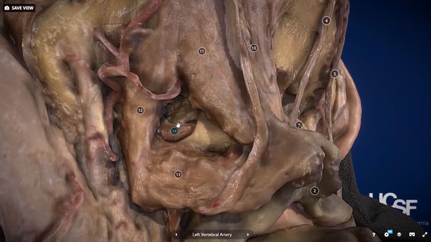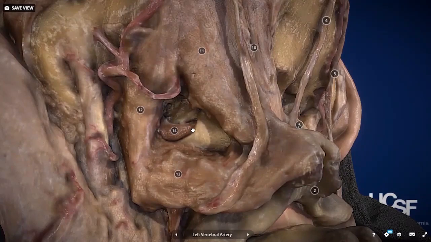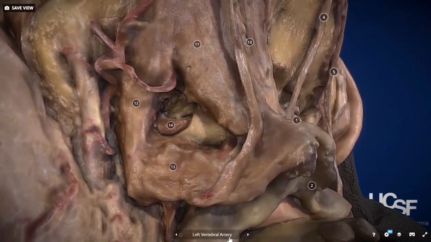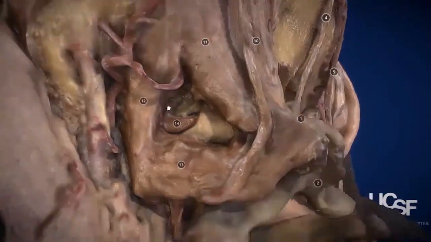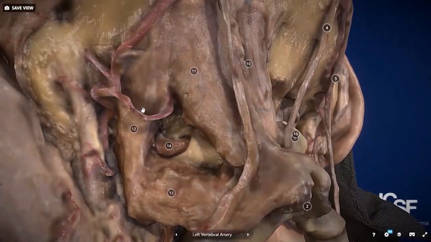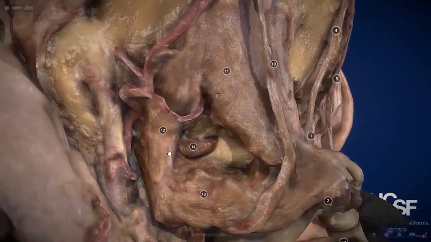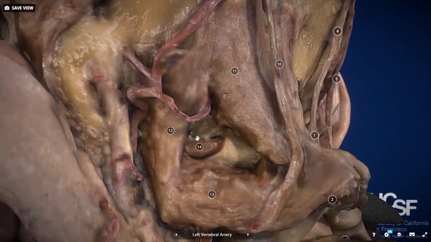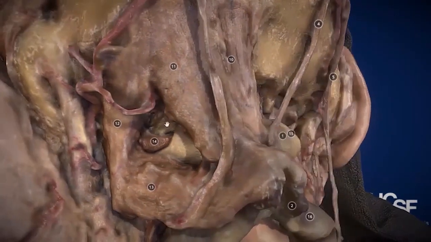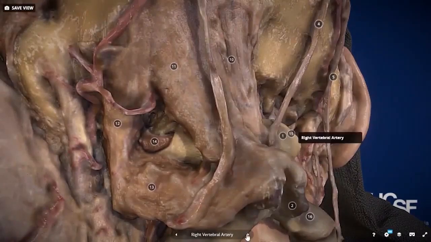Just posterior to the vertebral artery, we're going to find the C1 nerve root or the suboccipital nerve, and we can also see some branches from the occipital artery that are usually forming an anastomosis with the vertebral artery. It's important to remember that there's also a vertebral plexus in this region that is likely to bleed when exposing this area.